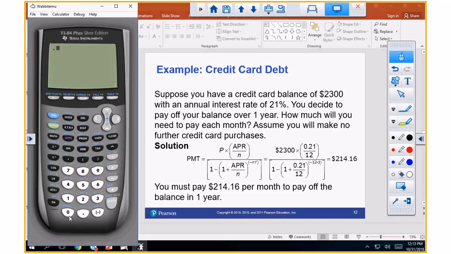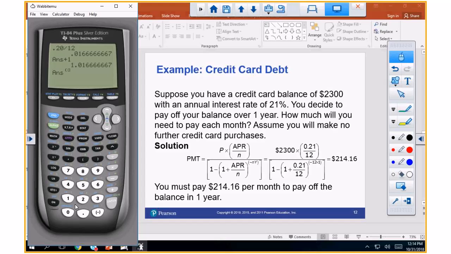So 0.21 divided by 12 equals. You with me? Plus 1 equals. Raised to the positive power. You would raise it to the negative power, but that's up to you. Well, I'll do it to the negative power because I'm going to help you out.